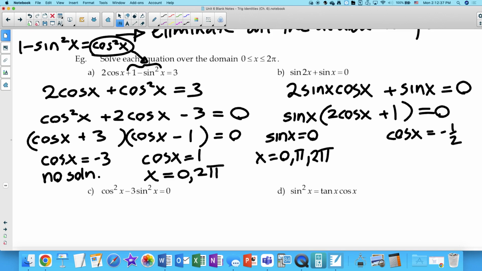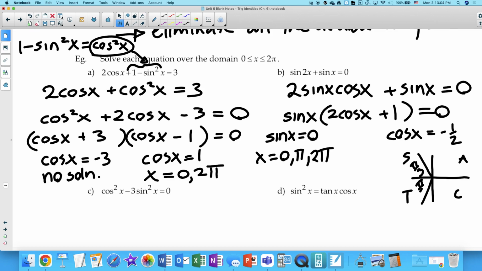Okay, so here, if cos x is negative, we have to think in terms of CAST. What quadrants would that be in? 2 and 3, yeah. And the reference angle, if cos x is 1/2, that angle would be pi by 3 for the reference angle. So this over here is pi over 3, and this is also pi over 3.